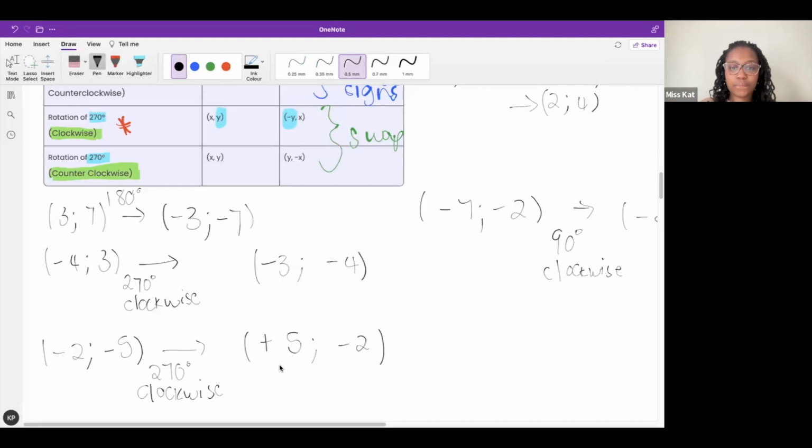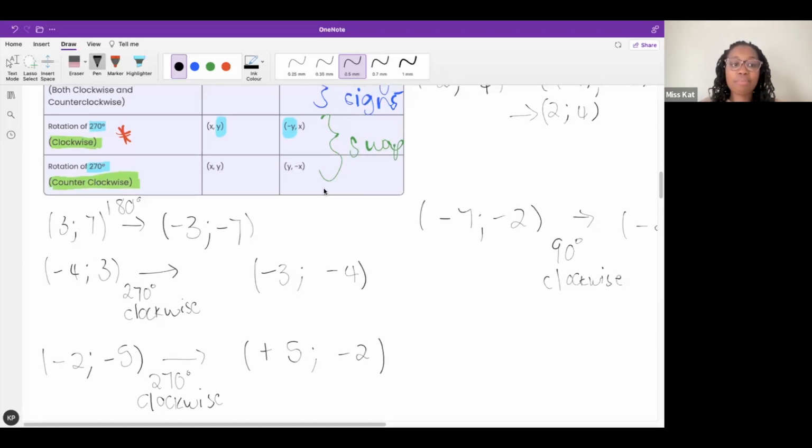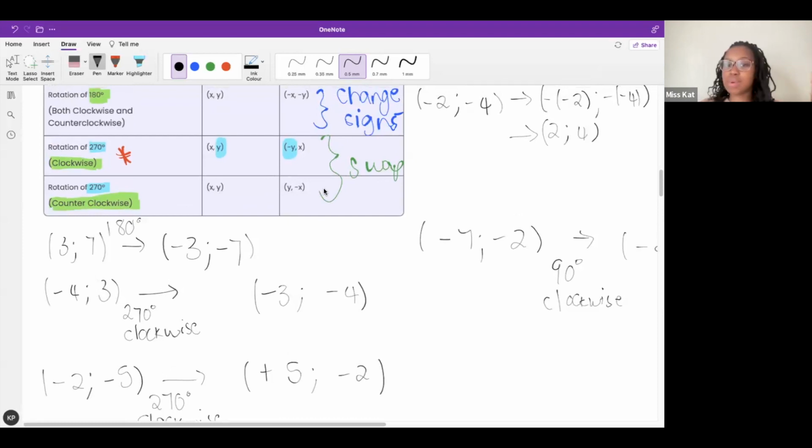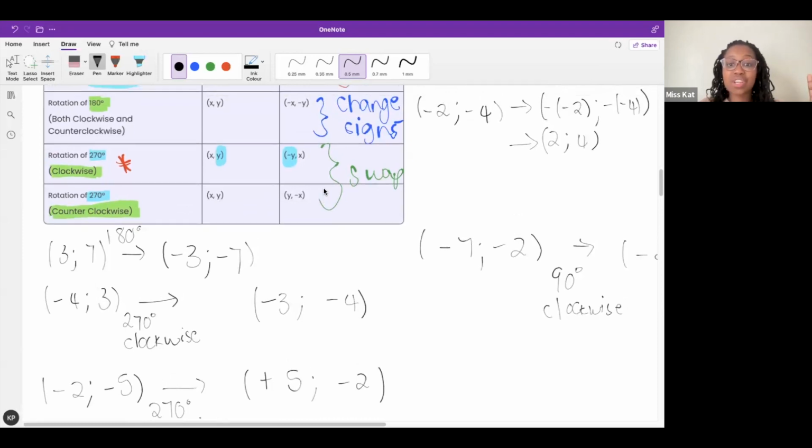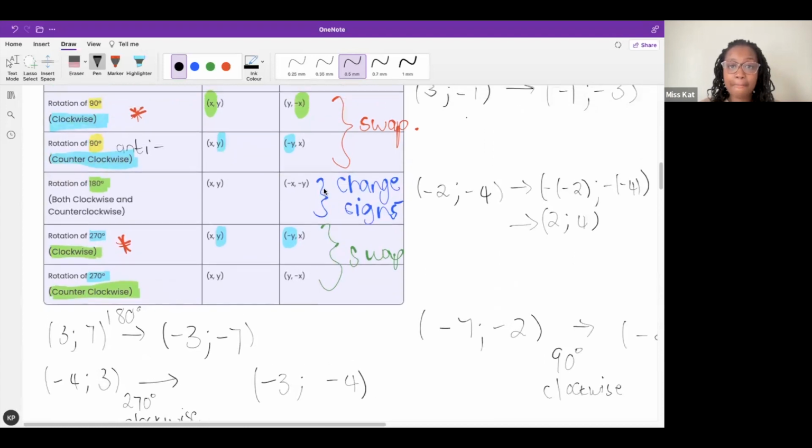So if in the original it has a minus, then on the one where it changes, the answer is going to instead have a positive. Yes. Okay, ma'am. That's why I said we need to stay away from saying they become negative, because that's not what happens. What happens is they change signs. You see, I wrote it here.